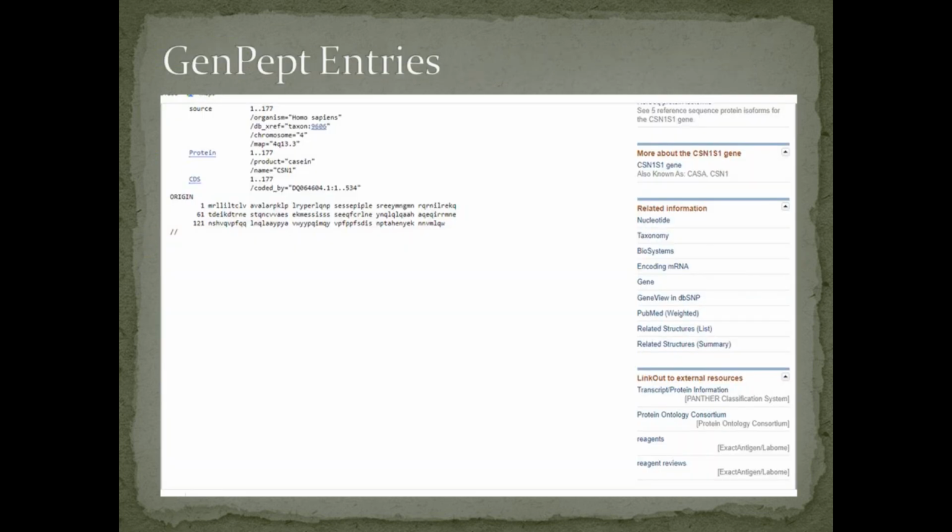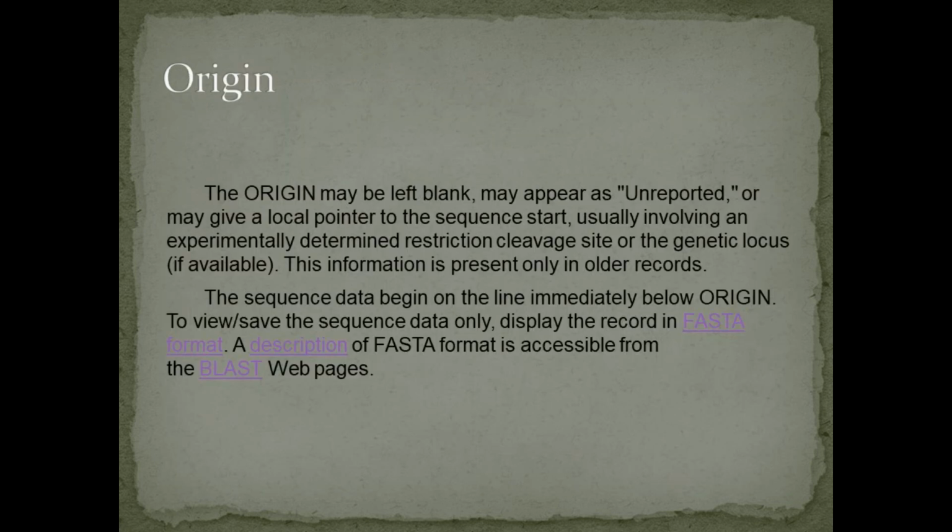Finally, we come to the final section, that is the origin section, which is related to the complete sequence of the protein or the nucleotide. In this section you can easily see there are 6 different parts. In every segment of the section, 10 amino acids or base pairs are comprised.